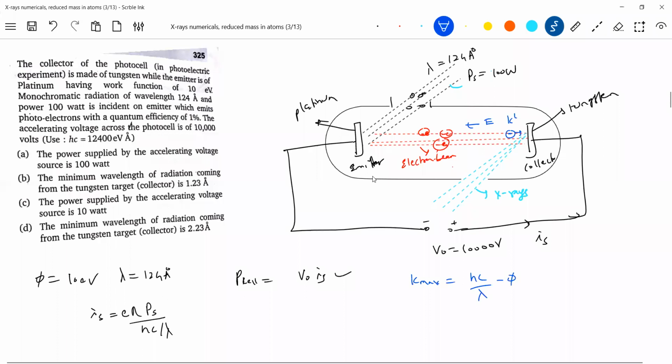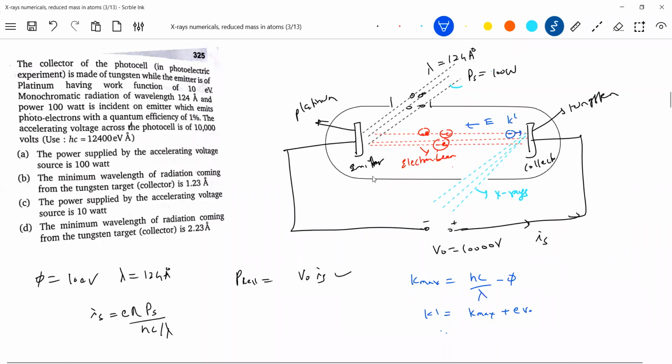The kinetic energy of electrons reaching the collector of the tungsten should be equal to K max plus e times the accelerating potential, eV naught. Sorry, he's asking for the minimum wavelength of this one.